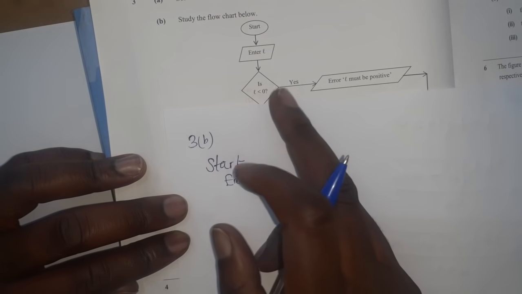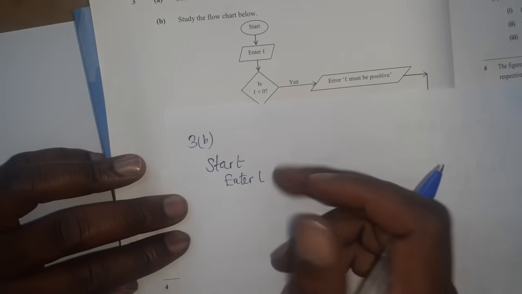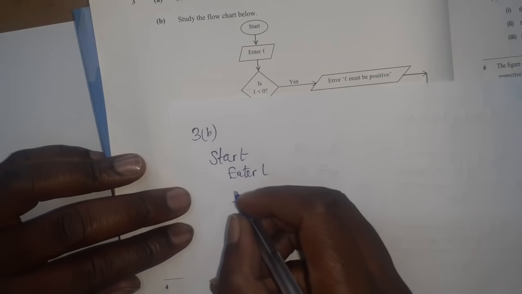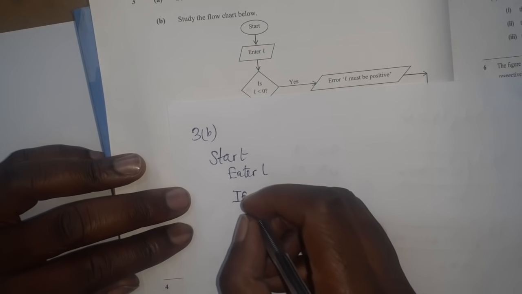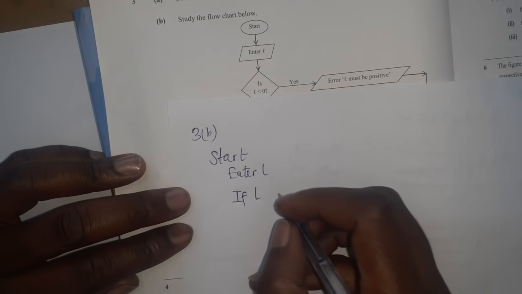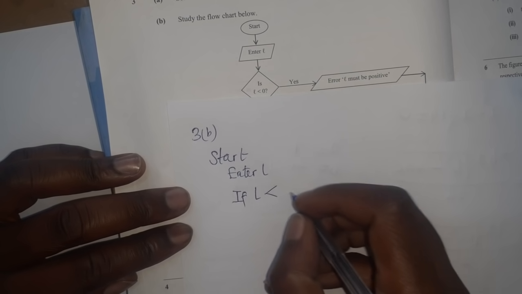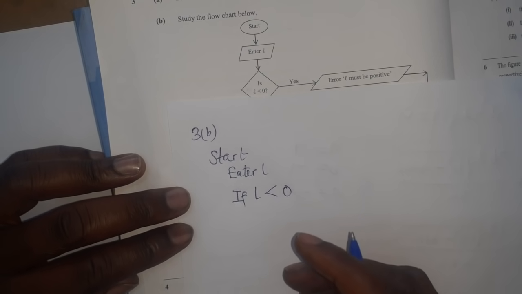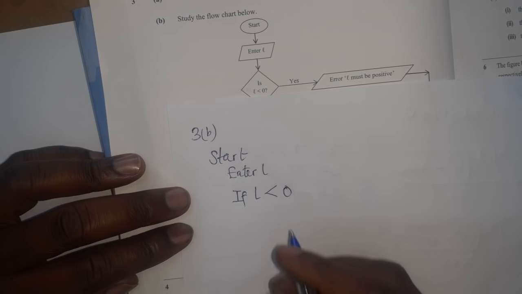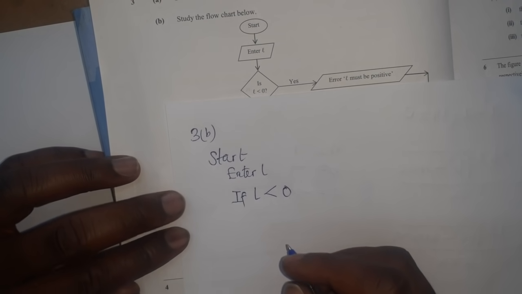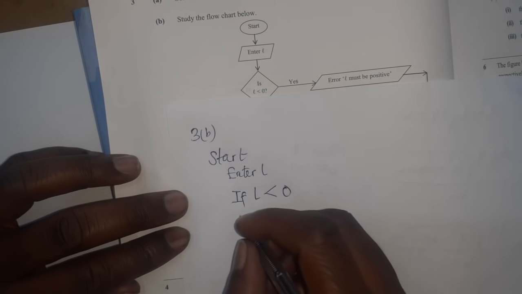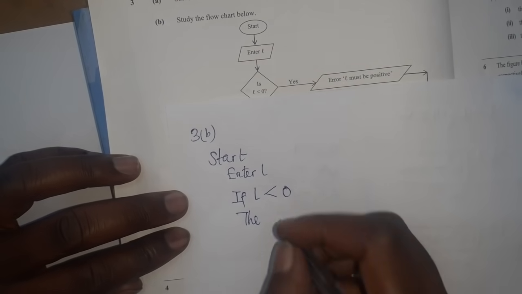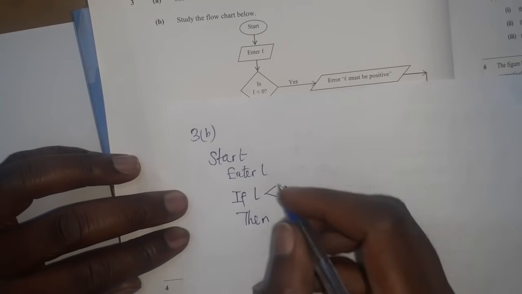Now, this is asking, is L less than 0? Now, here, we are going to say, if L is less than 0. If L is less than 0, that is what we're going to write. Then, if this is the case here, we're going to say then we are coming this side.